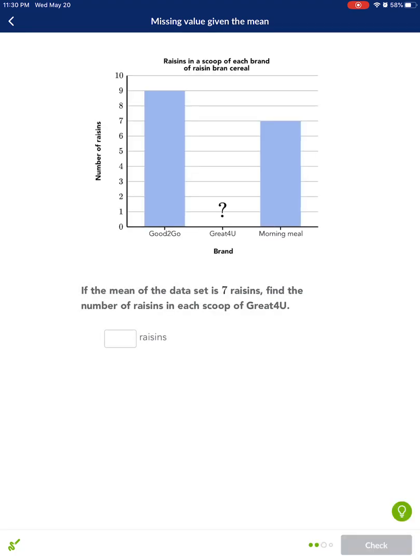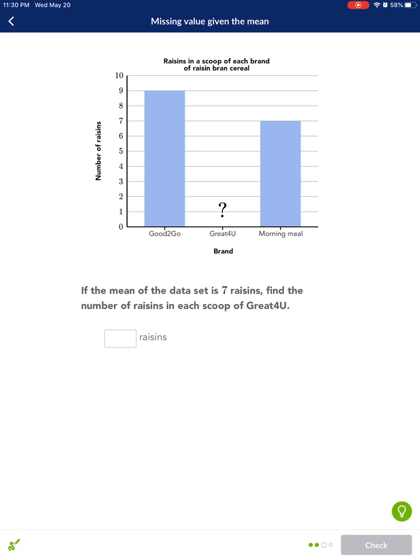Next question, and they gave us a bar graph. In statistics, they call them histograms, but with histograms, there are no spaces between the bars, so I don't know. I could argue. All right, raisins in a scoop of each brand of Raisin Bran cereal. Number of raisins.